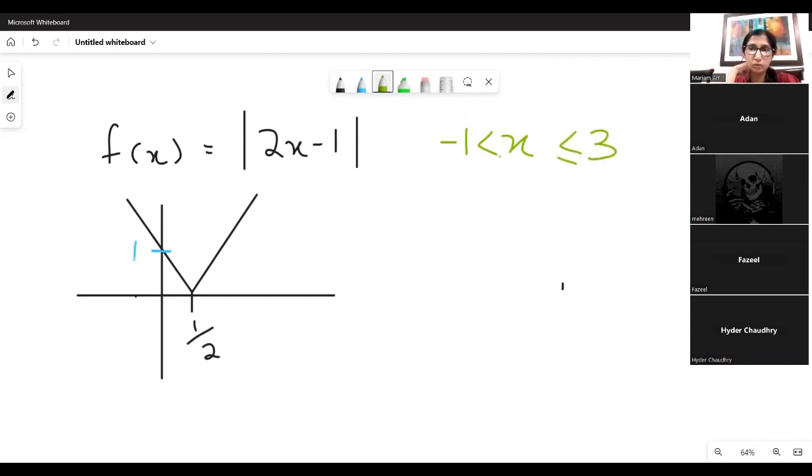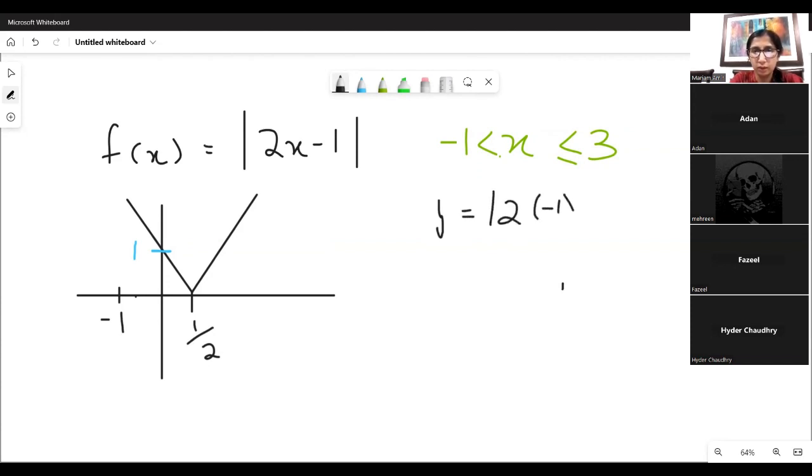तो अब -1 पे y की वैल्यू देखनी पड़ेगी. -1 यहाँ कहीं है. So what is the value of y when x is -1? So y equals modulus 2 times -1 minus 1 would be 3. So -1 पे y की वैल्यू है 3.